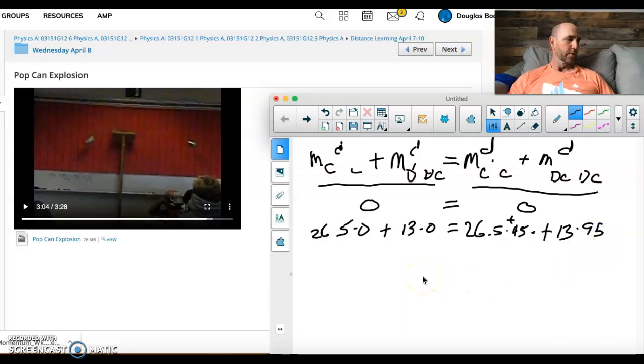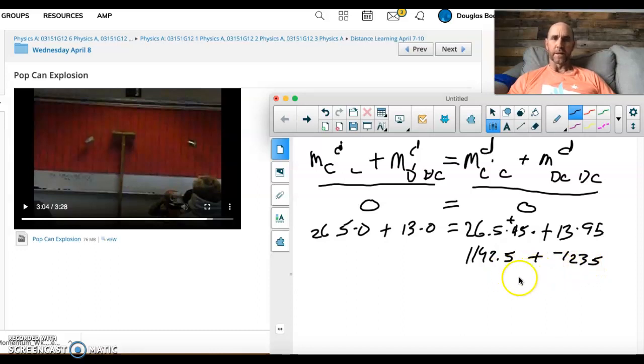Okay, so I did the math for you, and you can do this as well. I get 1,192.5 positive for the Coke, and for the Diet Coke, I get negative 1,235.